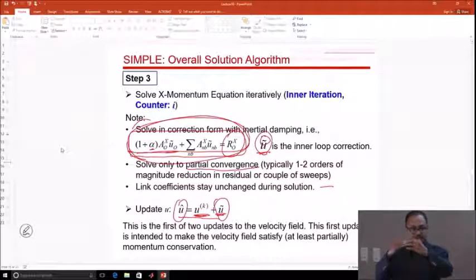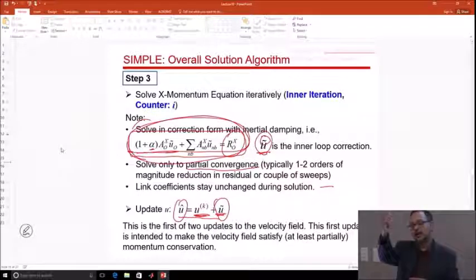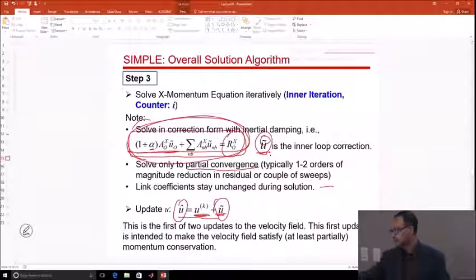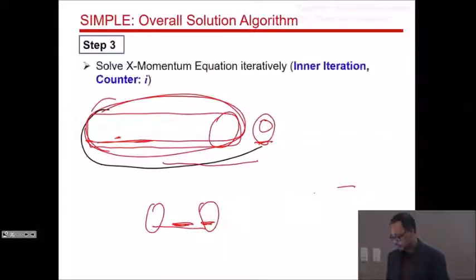at the very first iteration, I start my whole iteration process. Okay, I have a guessed velocity field. From that guessed velocity field, I'm going to calculate the residual of this equation. Sorry, I have to put this in PowerPoint mode.